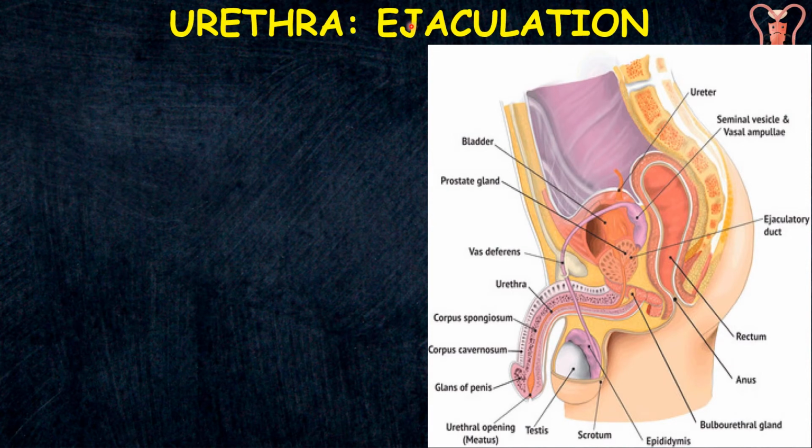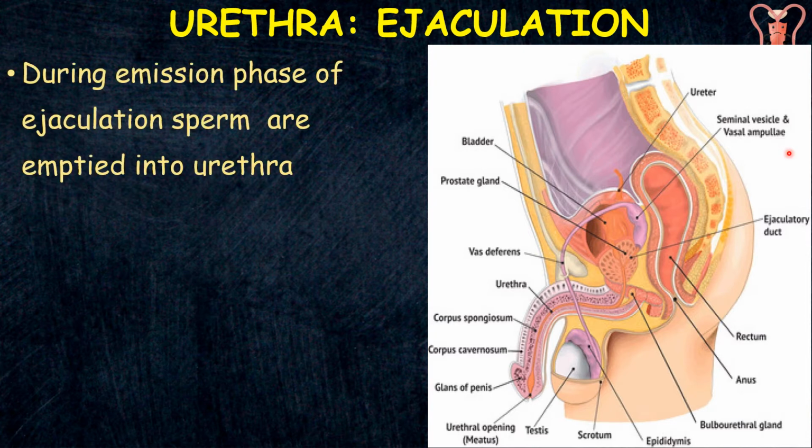The urethra transports urine from the urinary bladder, and sperm and the semen produced by the male reproductive organs. During the emission phase of ejaculation, the sperm enter the urethra by sympathetically induced contraction.